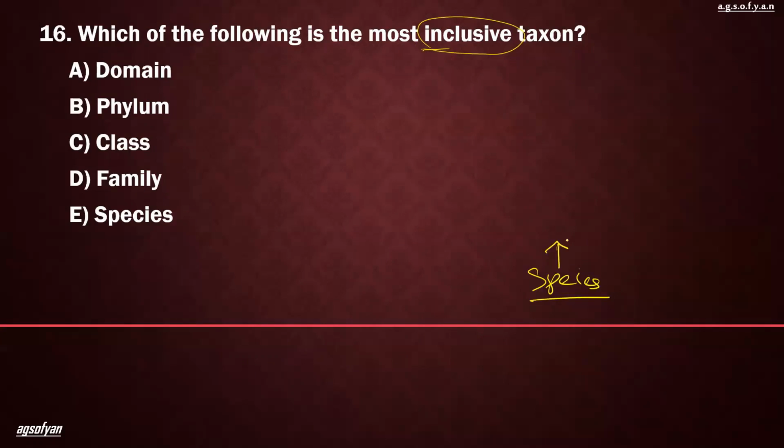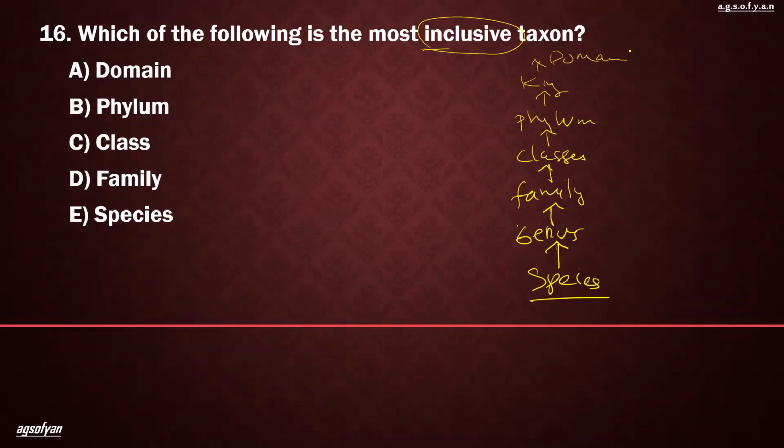Species will make genus. Then genus will make family, family will make classes, classes will make phylum, phylum will make kingdom, and kingdom will make domain. So which one is the most inclusive that has everything? Domain. Remember, inclusive means it has more members. So the answer should be domain.